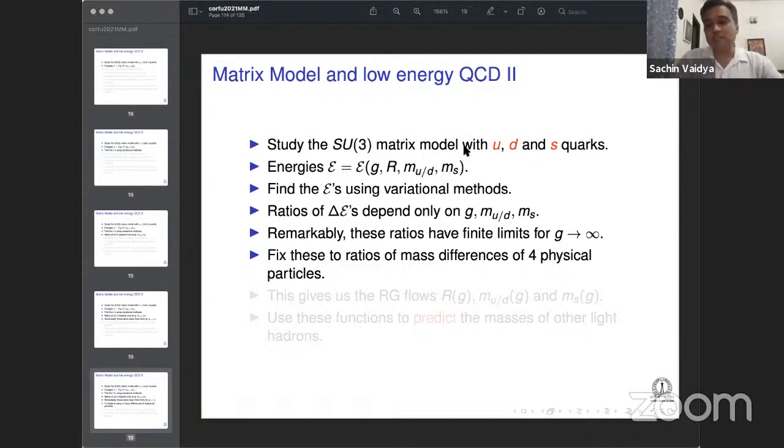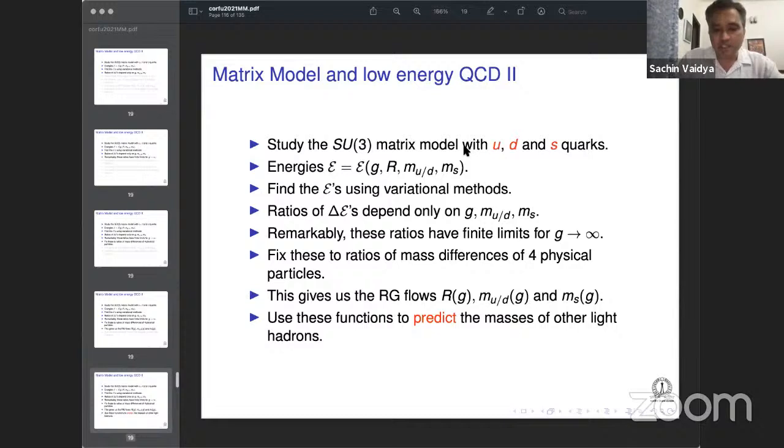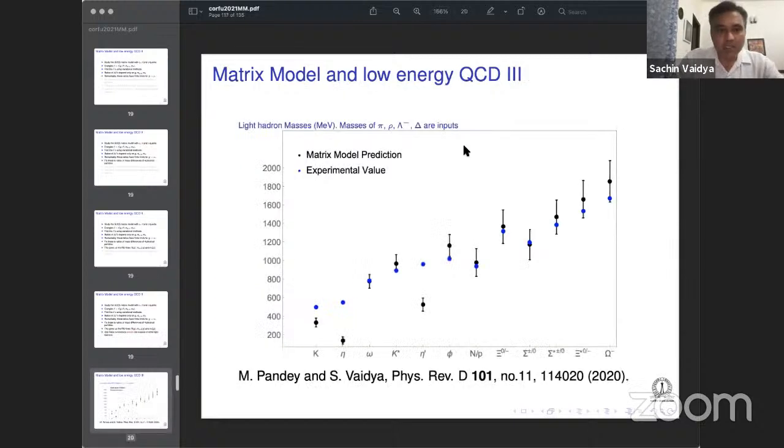So you compute the mass differences for these 4 physical particles and fix these ratios to that. This gives us the RG flow equations, well, actually the integrated RG equation for how R flows as a function of G and how the quark masses flow as a function of G. And once we have these functions, we can use them to predict the masses of the other hadrons that we have.